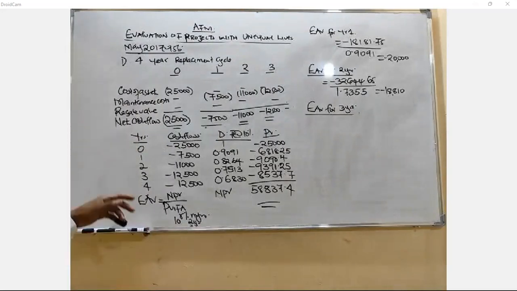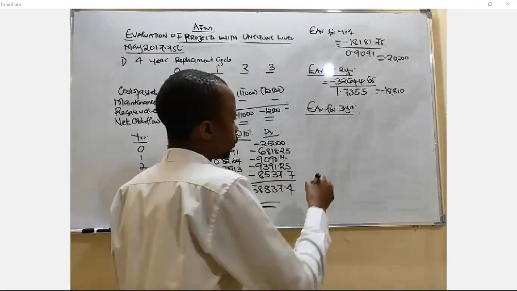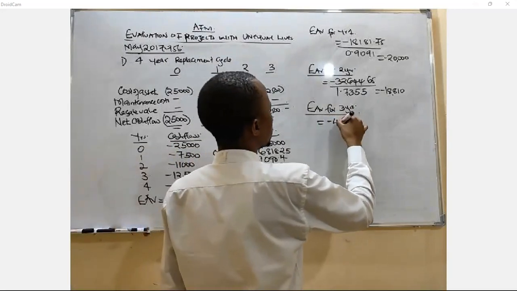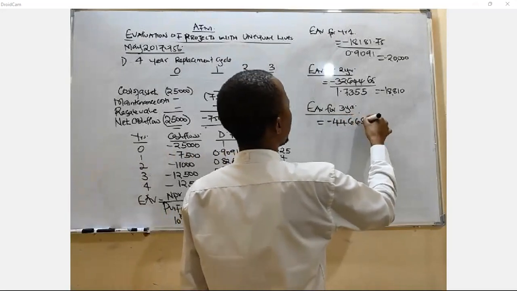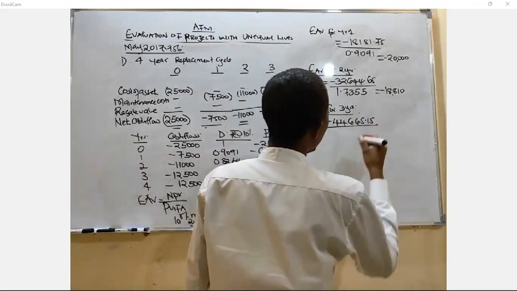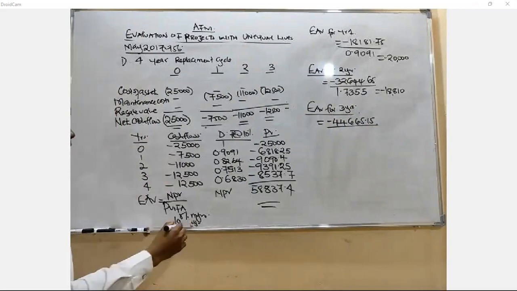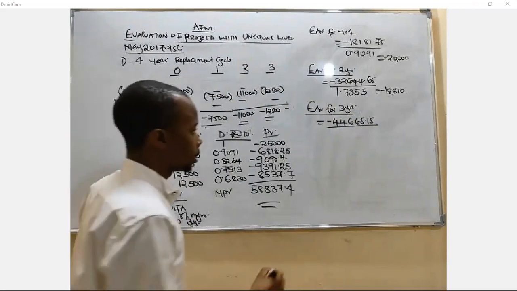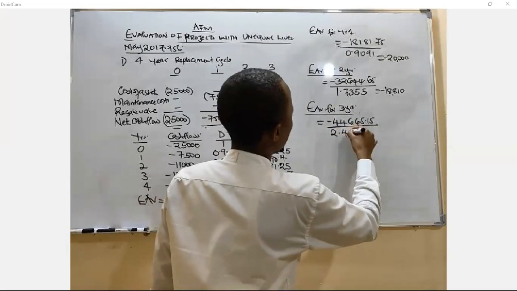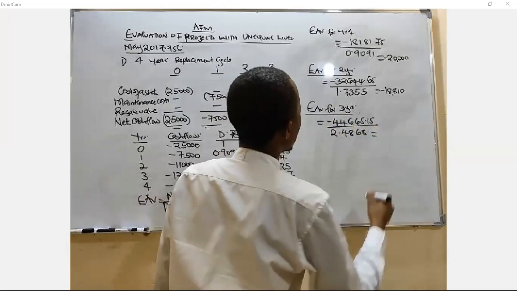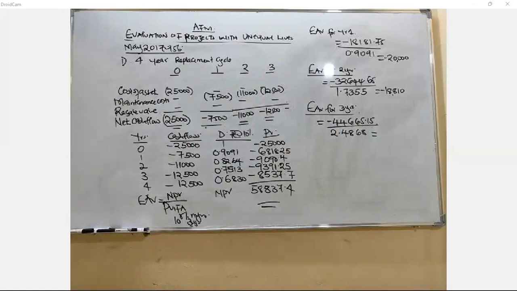Uzionyeshe uko darasani. Now for third year, the EAV, the NPV was around -44,665.15. Then you divide it by what? You divide it now for 3 years. 2.4868. Very good. So how much is your EAV?